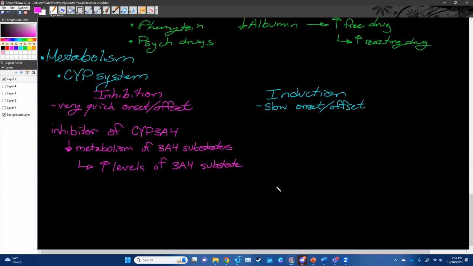Generally, the effect of inhibition is that we end up with toxicities due to high levels. So we see toxicities, very, very severe side effects.